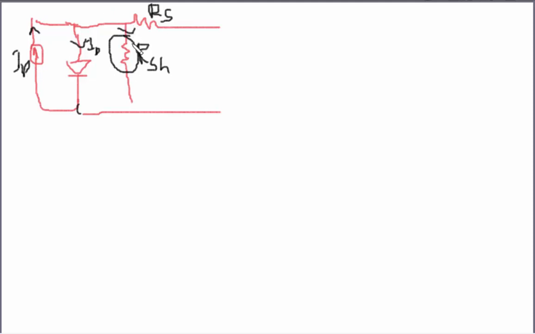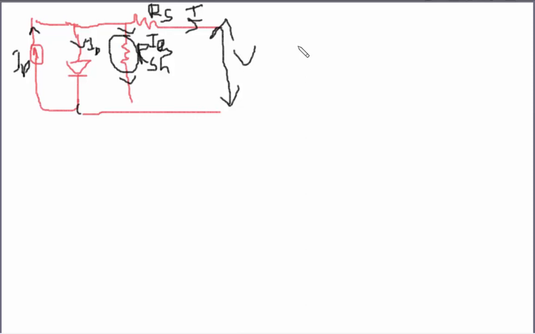Now this current is nothing but flowing through this shunt resistance. I can call it IRSH, and this current will be now I. So this is the voltage across this diode or solar cell.